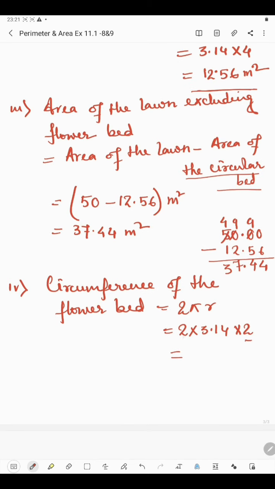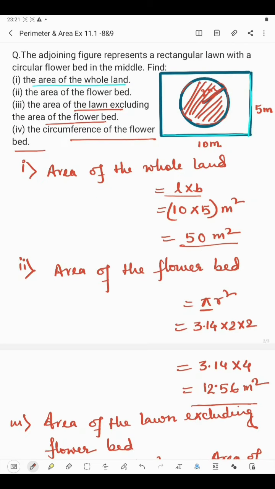So 2 2s are 4, so 3.14 multiplied by 4. Now 4 4s are 16, 1 carry, 4 1s are 4, 4 plus 1 is 5, 3 4s are 12. Now we'll have to put the point after 2 places. Since we are finding circumference, unit will be meter. 12.56 meter will be the circumference of the flower bed. So this was all about question number 9. Thank you, students.